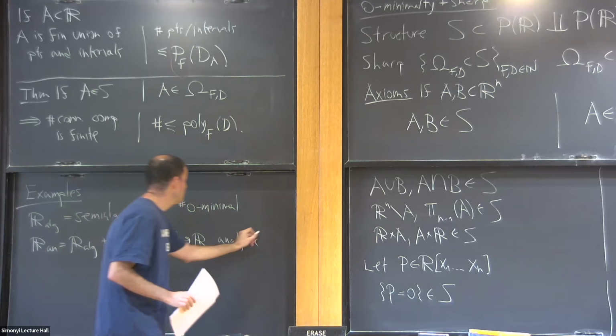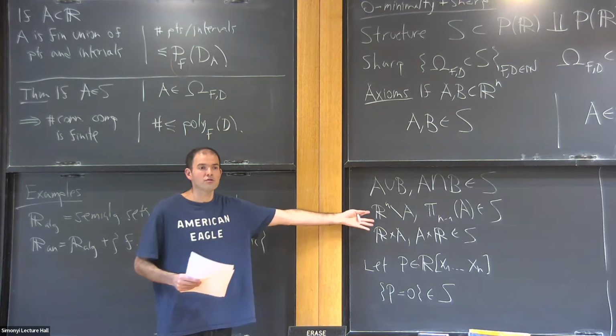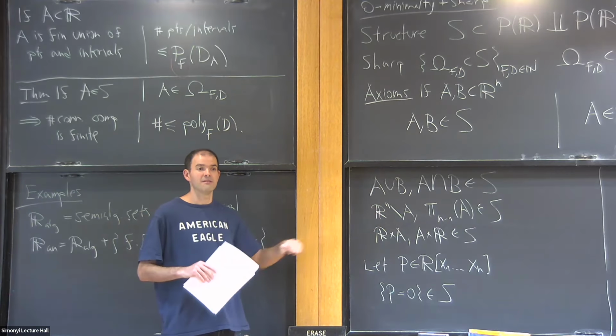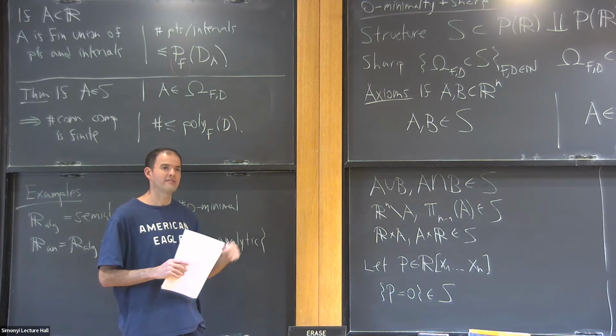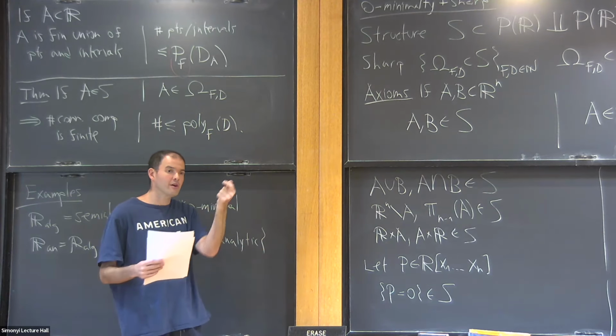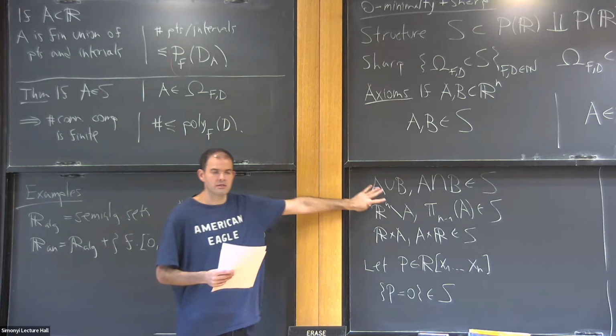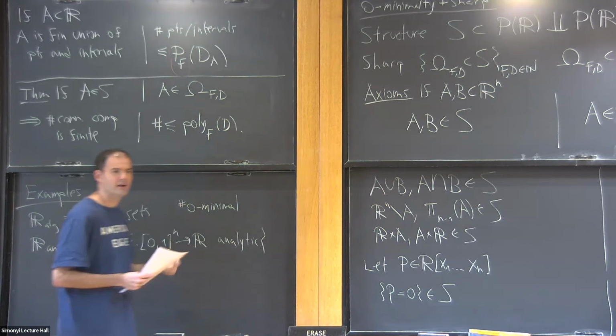So when you say you add the function, you mean you add the graph of the function? I add the graph and then I close under all of the axioms. Yeah, you can say you add the graph. But it's the same as saying I'm going to look at all the logical formulas where now I'm allowed to use these functions. But in this definition, definitely, you add the graph of the function to your structure.